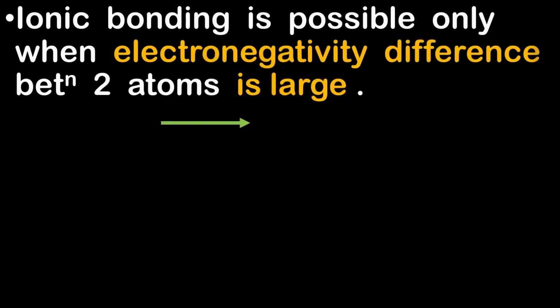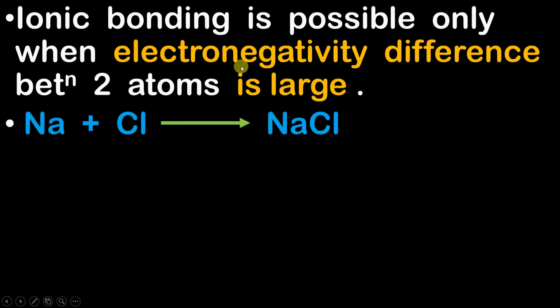Okay, so ionic bonding is possible only when electronegativity difference between two atoms is large. Now what is the meaning of this? Like in the previous video we have seen sodium combines with chlorine and forms an ionic bond to give us sodium chloride.